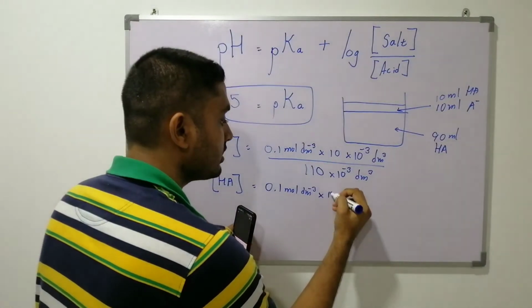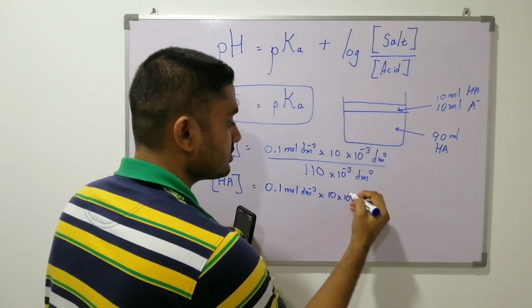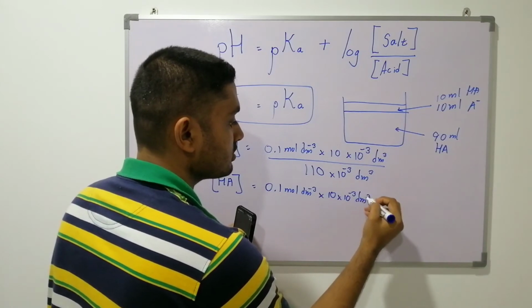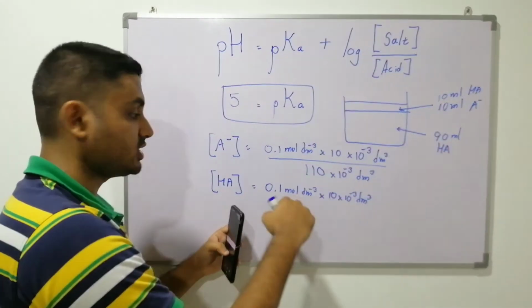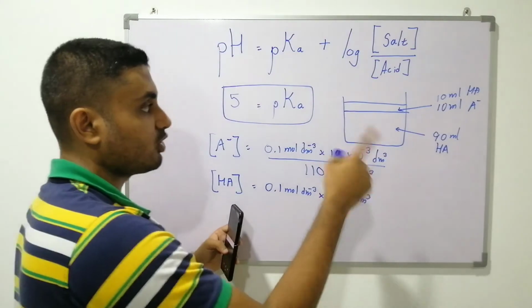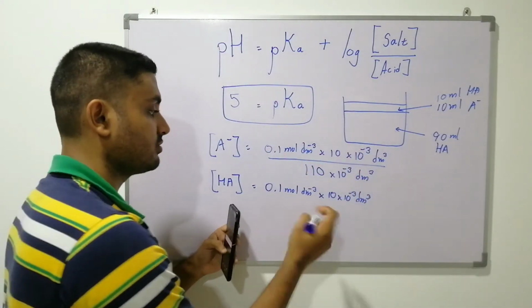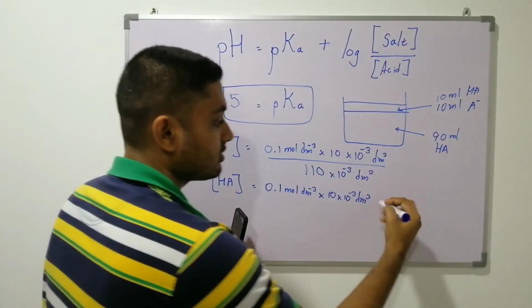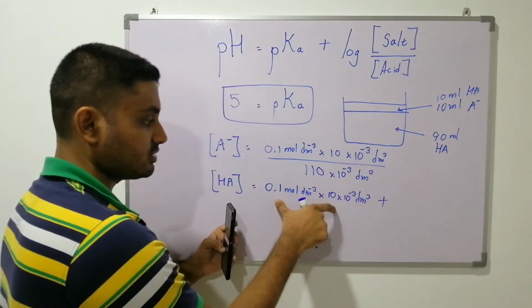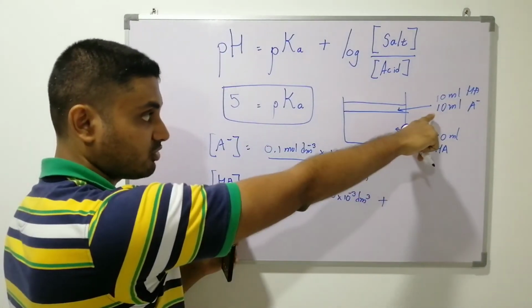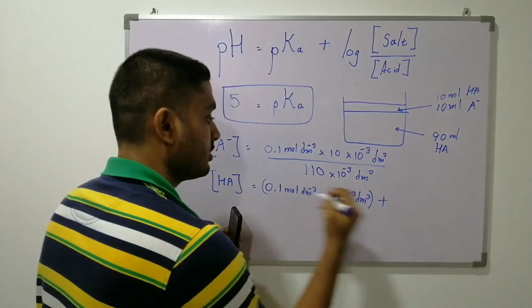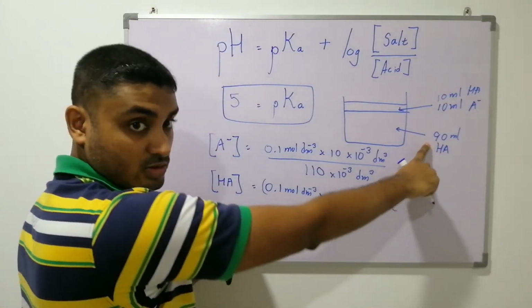There you have 10 into 10 to the minus 3. This is the HA buffer volume, which contains the HA, right? And this is the number of moles coming from the buffer, and you have here also HA, right?